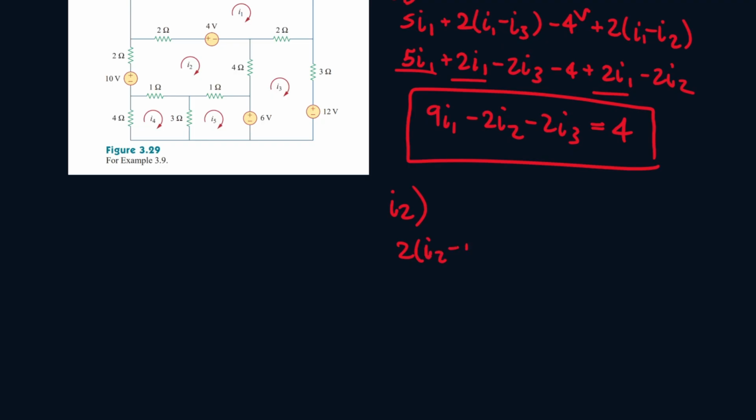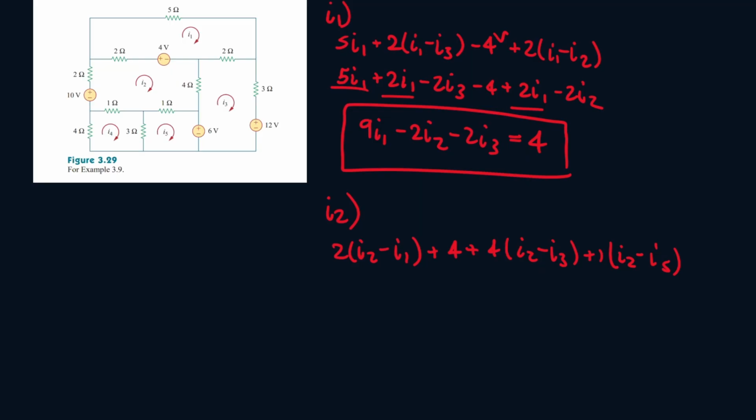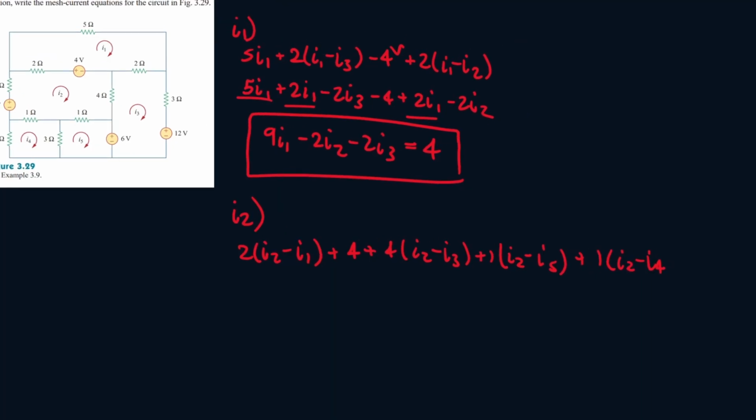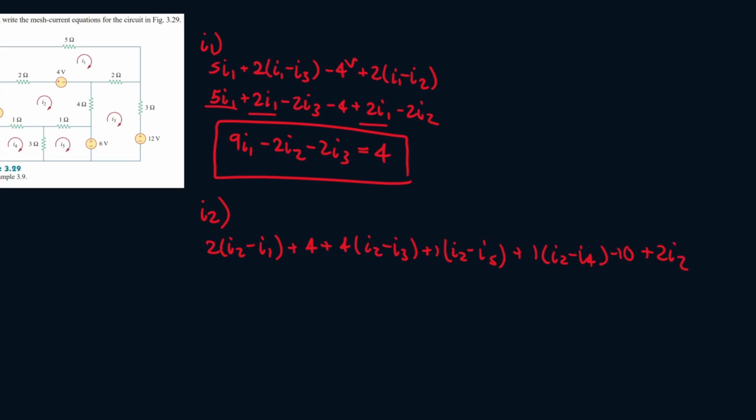So it's I2 minus I1 plus 4 volts as it enters from the positive terminal, plus 4(I2 minus I3) plus 1(I2 minus I5) plus 1(I2 minus I4) minus 10 plus 2 I2. Okay, so this one's a pretty long one. So let's FOIL this out.